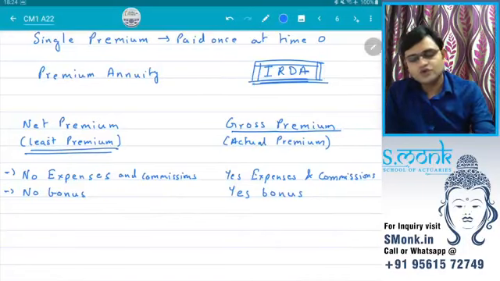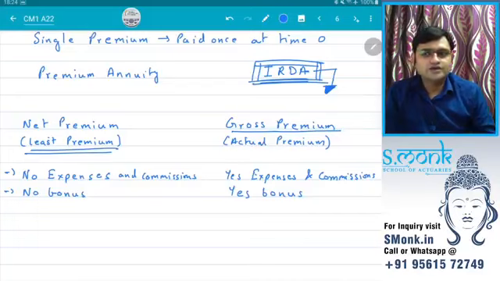First of all, to work in insurance company, if you want to make an insurance company, you have to keep a lot of money as security to IRDA.